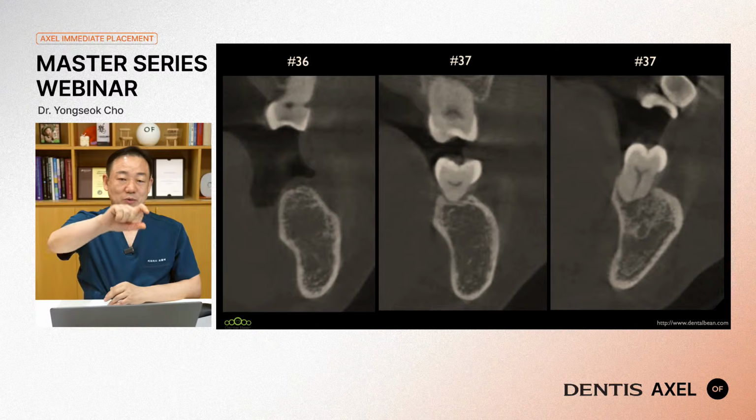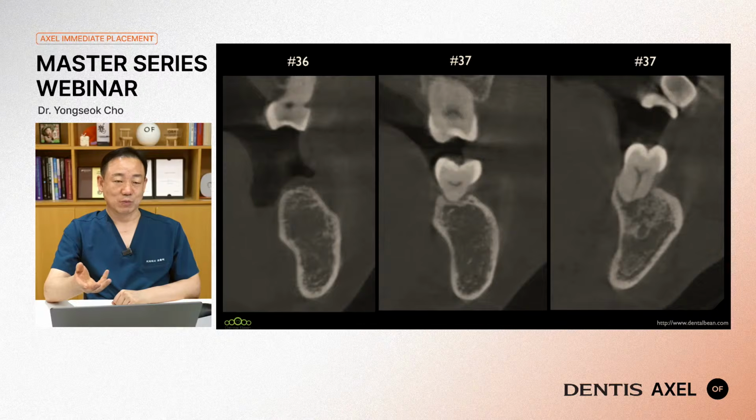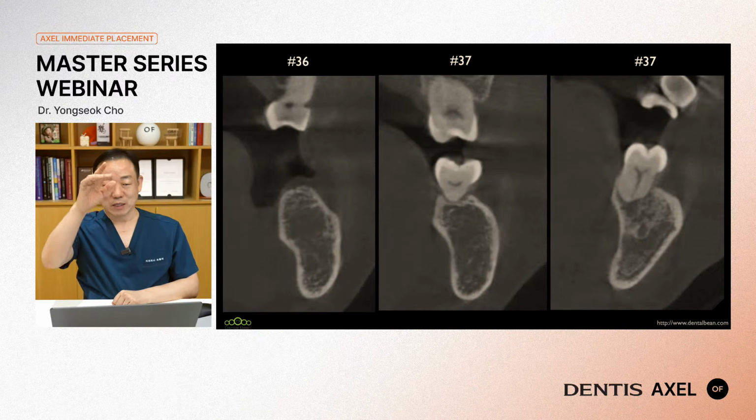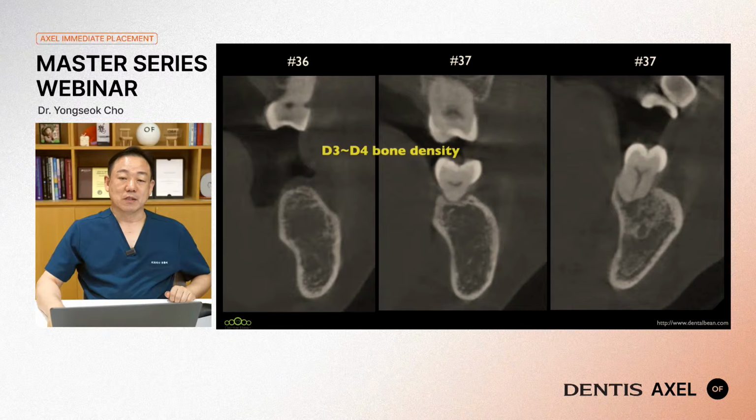Although the cortical bone is dense, we place the implant beneath the cortical bone, so it is difficult to get primary stability when we prep the osteotomy inadequately, and sometimes even the implant will dislocate into the mandibular canal, the mandibular body itself, not the canal. Anyway, this is very poor bone quality.